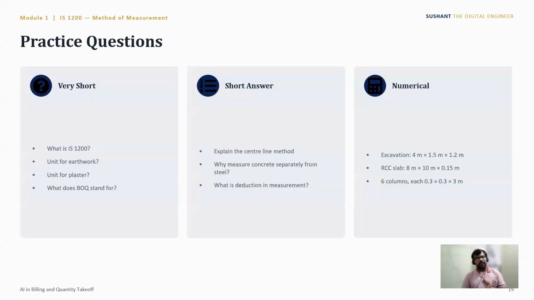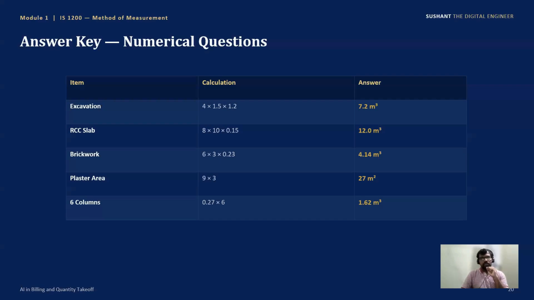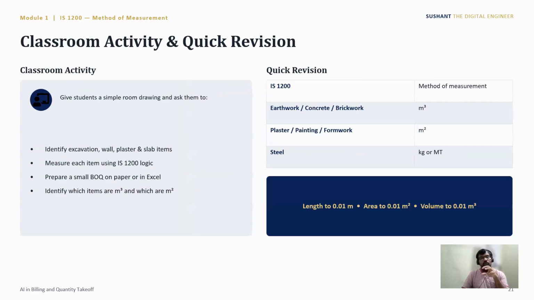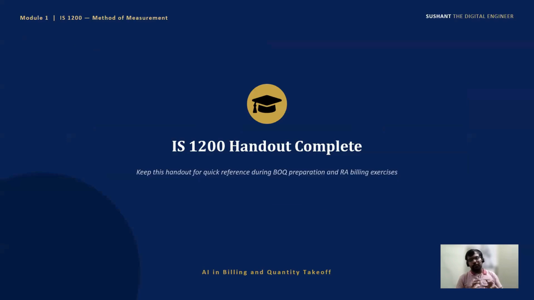Okay, so this is the guidebook for you for billing and quantity estimation. As a civil engineer, you should follow this practice. This is the activity we performed last week as well. I have given these assignments, and you should complete them the manual way.